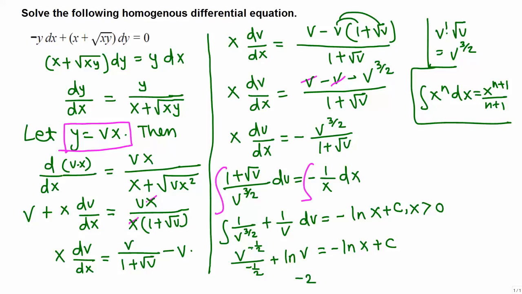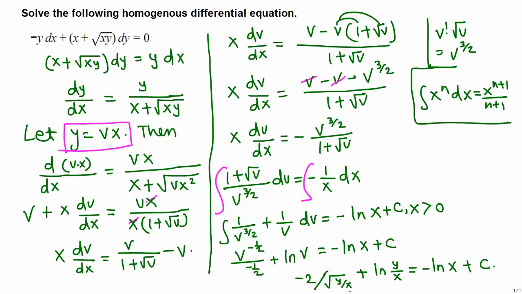Now v raised to negative 1 half, to get rid of this negative, let's put it on the bottom, and v is y over x to the 1 half, so square root of y over x, okay, negative 2 over square root of y over x plus natural log of y over x equals negative natural log of x plus c.